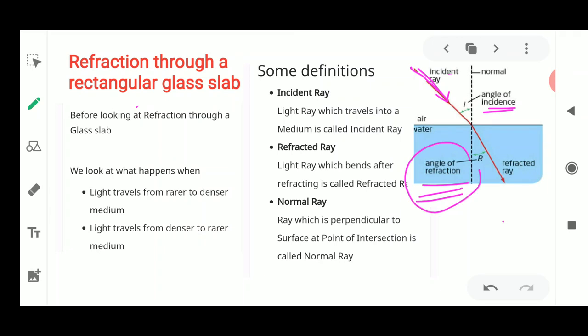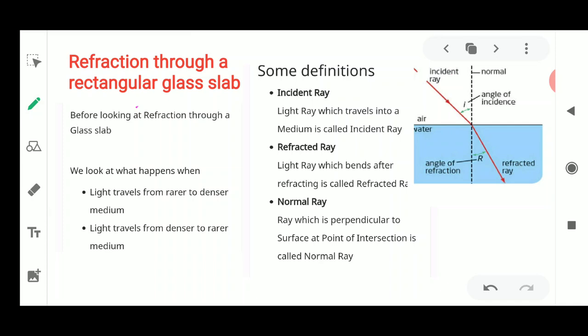The angle drawn between the normal and the refracted ray becomes the angle of refraction. Fine. So this was all about the definitions related to this topic, the refraction of light through a glass slab.